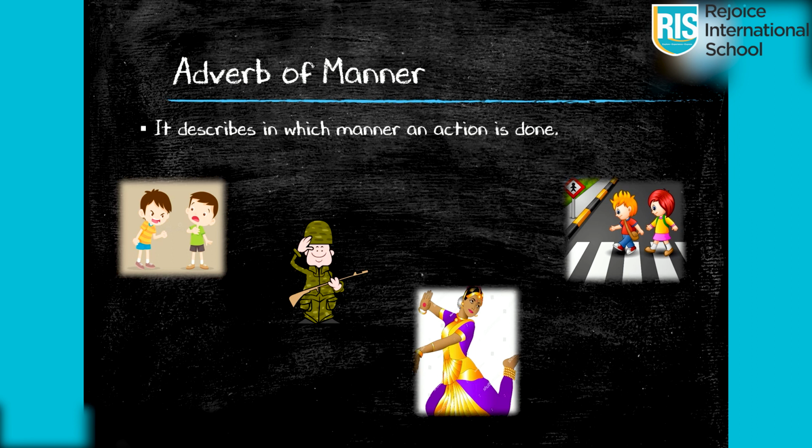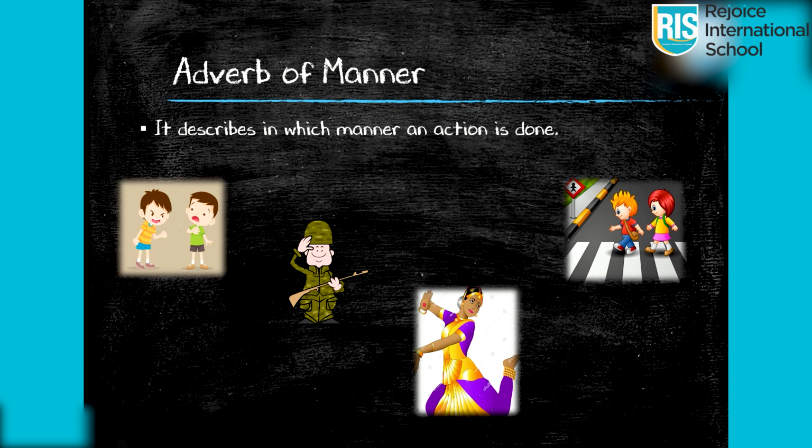And the first type of adverb is adverb of manner. Adverb of manner describes in which manner an action is done. It answers the question how. Let's take the example. The boys are talking loudly.